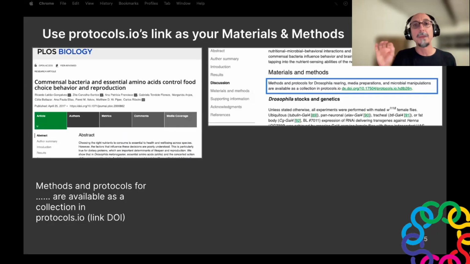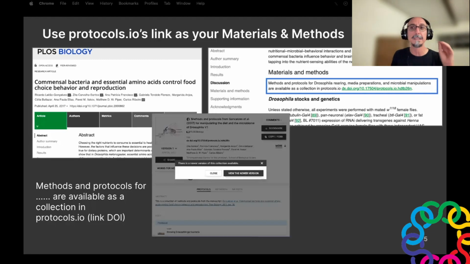And this is what the authors of this PLOS Biology paper did. So they created, deposited, and published their protocols in protocols.io, obtaining a citable DOI, which they included in the materials and methods section, replacing most of the writing. The reader, by following their link, has access to the detailed step-by-step protocol in protocols.io.